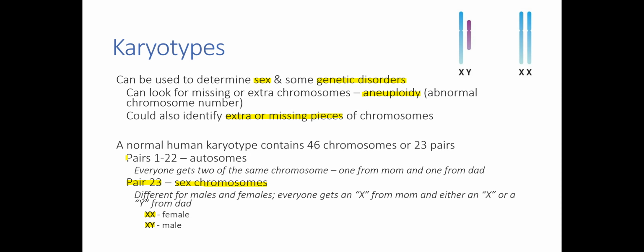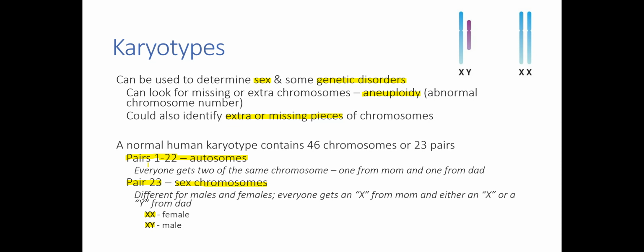We can also look at whether the chromosomes affected are the sex chromosomes or autosomes. Pairs 1 through 22 are autosomes, and we need to understand the difference here, because when we look at inheritance of traits, one of the things we're going to determine is whether it is an autosomal trait or a sex-linked trait. That depends on what chromosomes the genes are on.